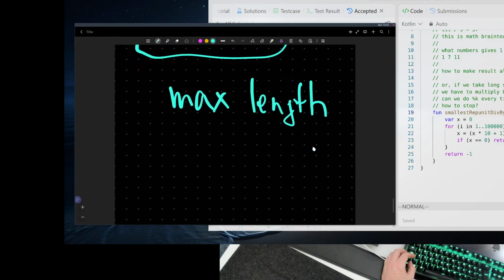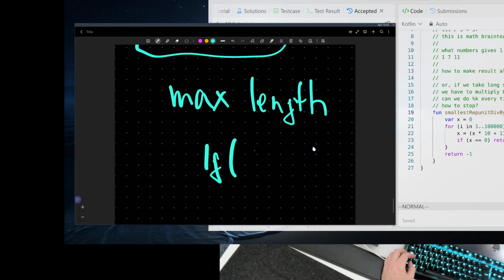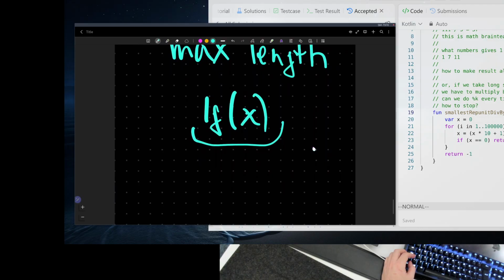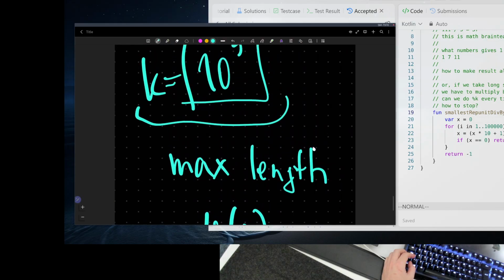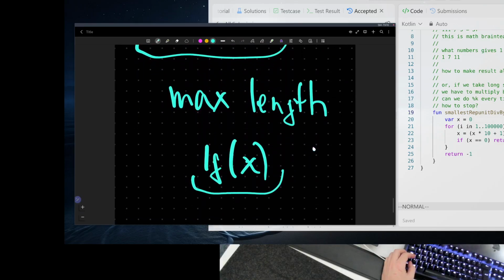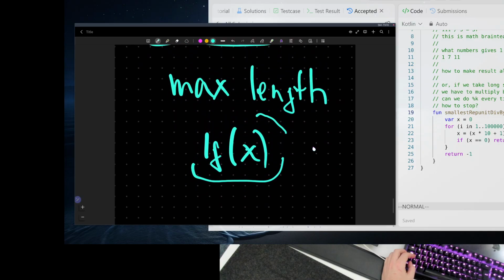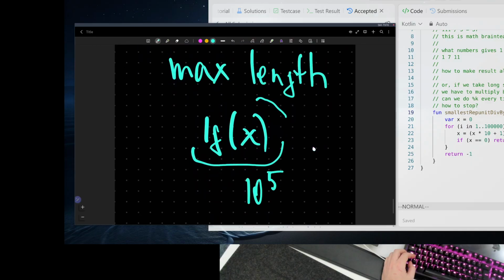The length is the logarithm of number x, and I take the maximum length to be 10 to the power of 5.